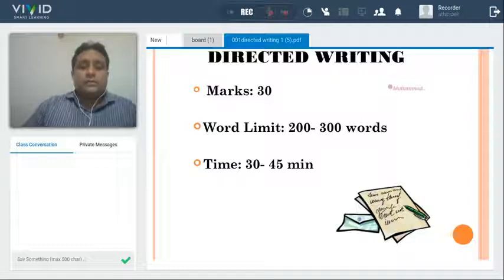There are some basic elements of directed writing that we would like to discuss today that will give you a fair idea, a pristine clarity into the language concept of directed writing. We'll be looking into the marks division and other things.